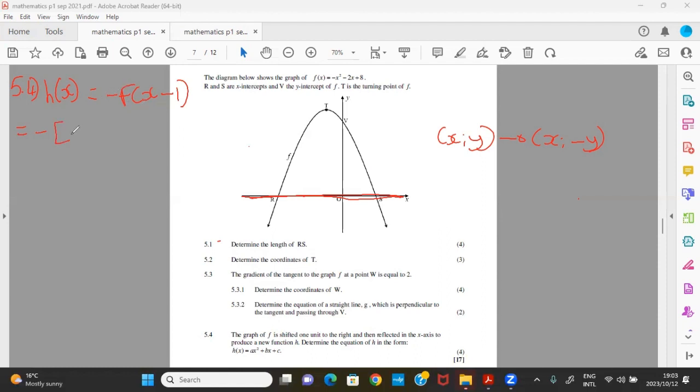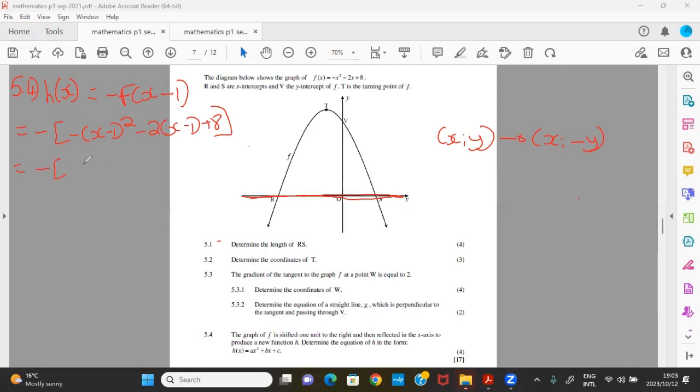So my graph will be minus x squared minus 2x plus 8. But also remember, I have a minus 1. In my brackets, I have an x minus 1. So what does that mean? Wherever I see x, I put x minus 1. So I'll have minus (x minus 1) all squared minus 2(x minus 1) plus 8. That's how I'm going to find my equation of h of x.